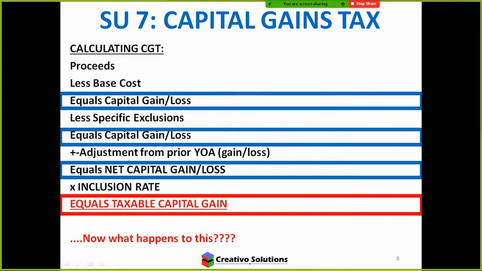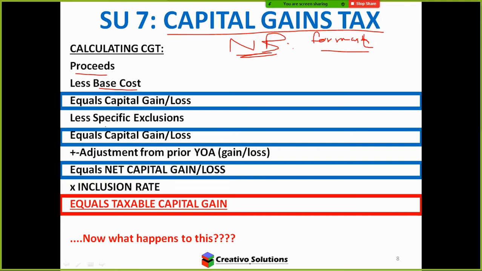So this is a very, very important slide. Whenever you have a tax calculation with CGT, you have to use this format. We're always going to use this format when doing anything CGT related. You've got proceeds and base costs. If you subtract base costs from proceeds, you get the capital gain.